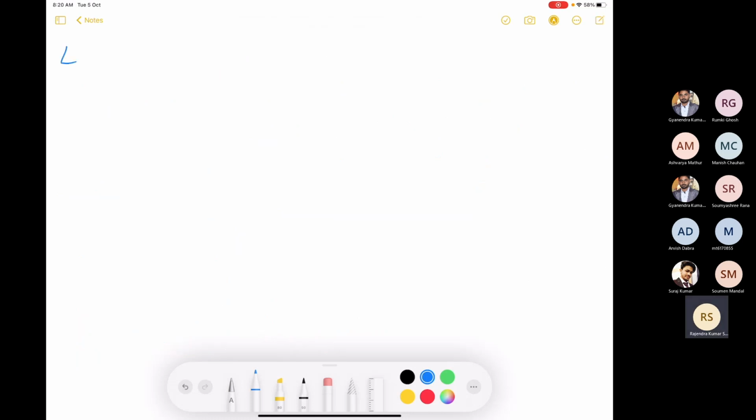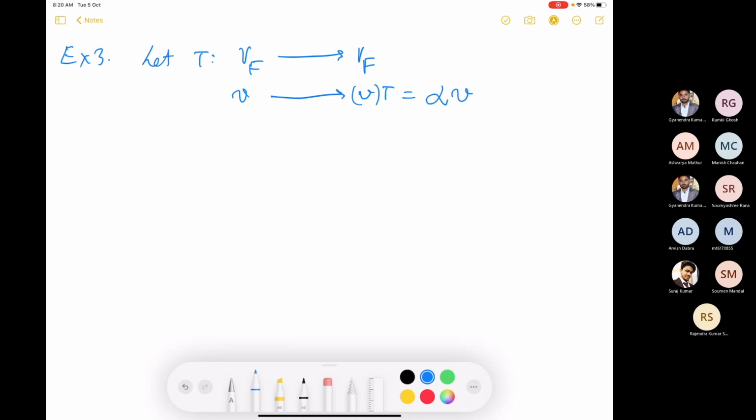You can also extend this example. So let us say T here is on the vector space V over F, V goes to Vt, where Vt is, let us say, alpha V. The dimension of V over F is n, finite, and alpha is in F, fixed, say for example.